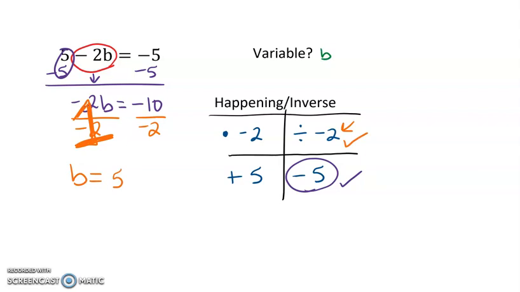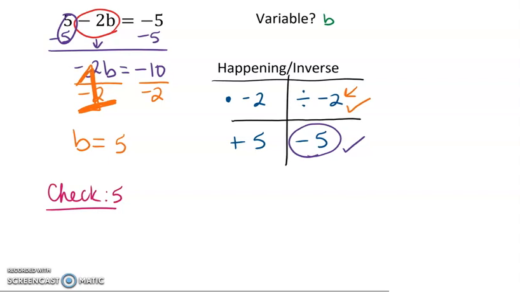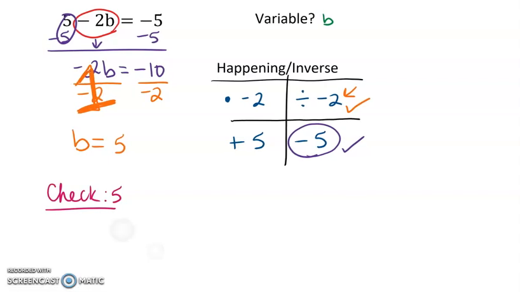The next thing that we need to do is check our answer because we have the ability to make sure that we're actually correct. So I'm just going to write check. The number that I'm checking is a positive 5 because that's what we got as our answer. I'm first going to rewrite the problem: 5 minus 2b equals negative 5.